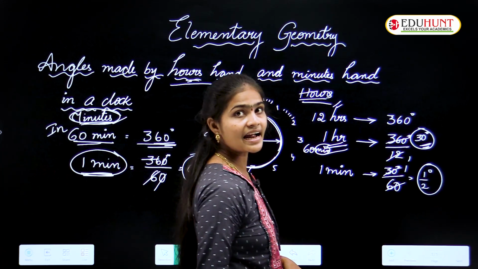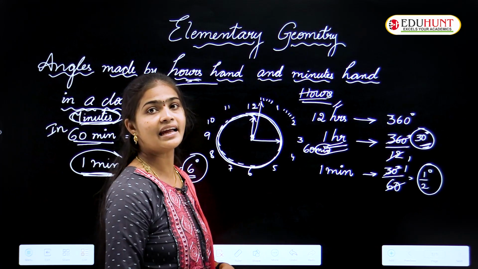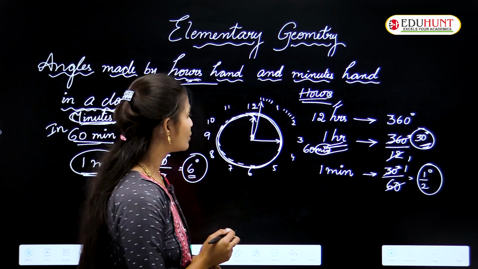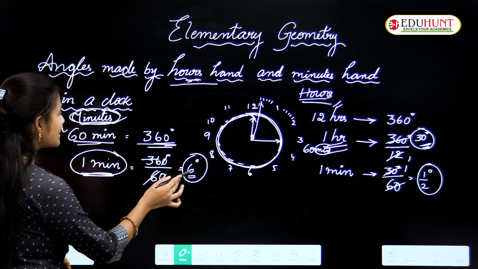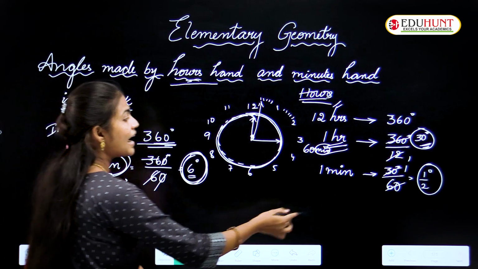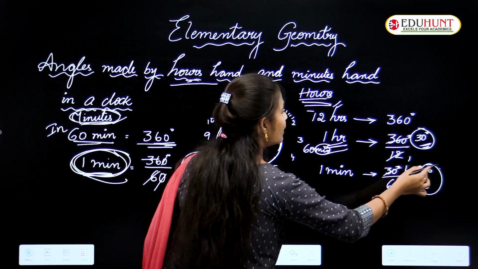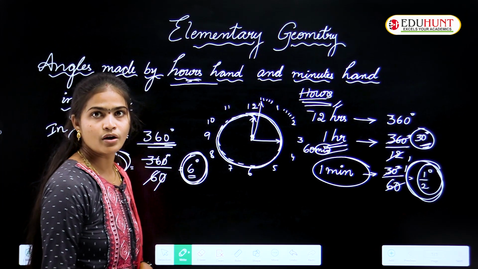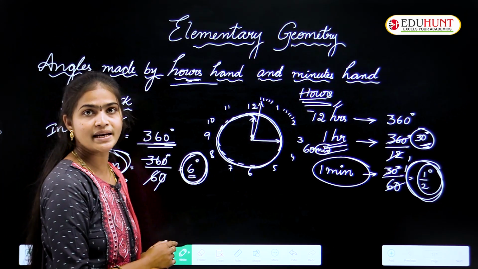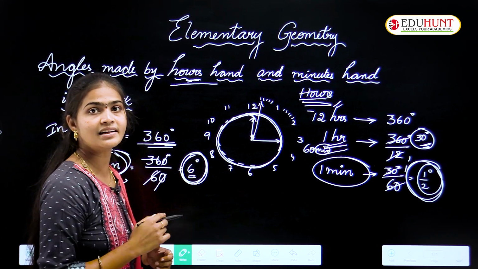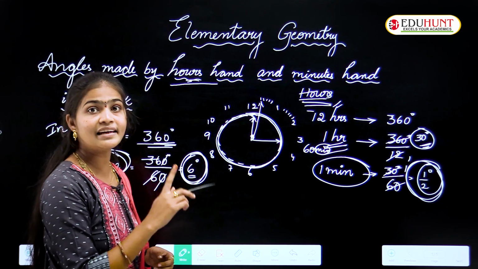So the hours hand takes a half degree angle to complete 1 minute. Okay, so the minutes hand takes 6 degrees to complete 1 minute, and the hours hand takes a half degree to complete 1 minute. So what is the difference between the angles the hours hand and minutes hand complete in 1 minute?